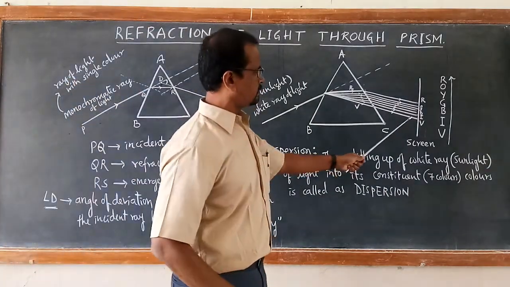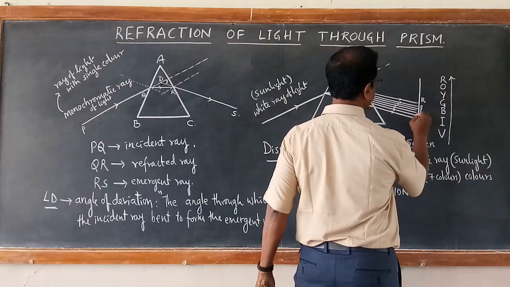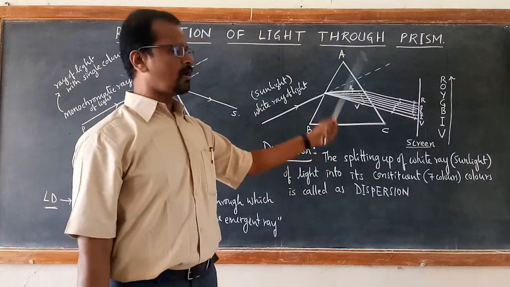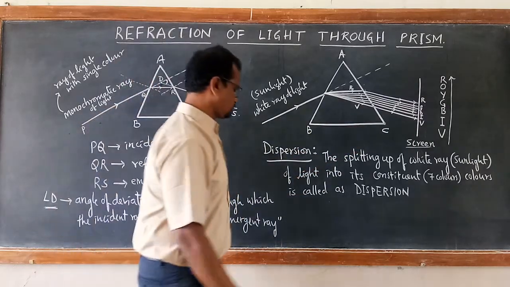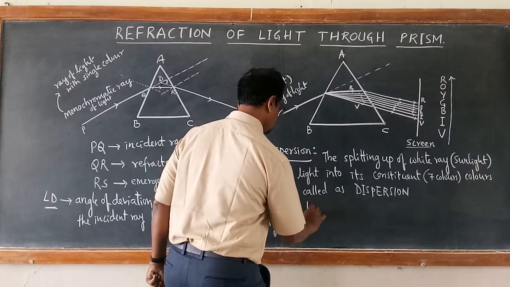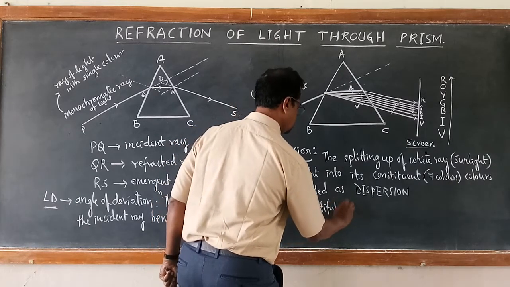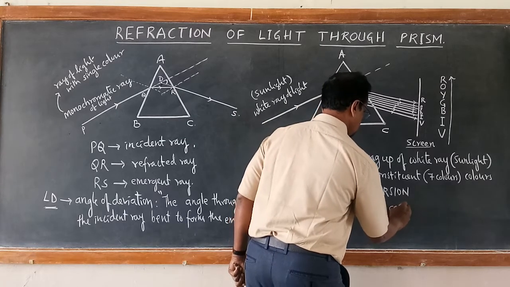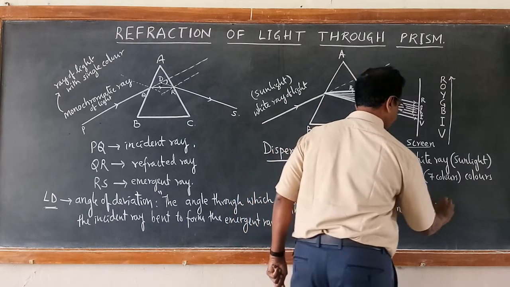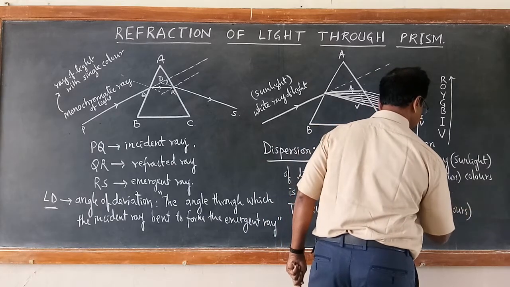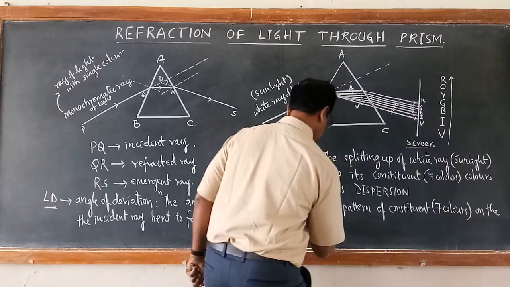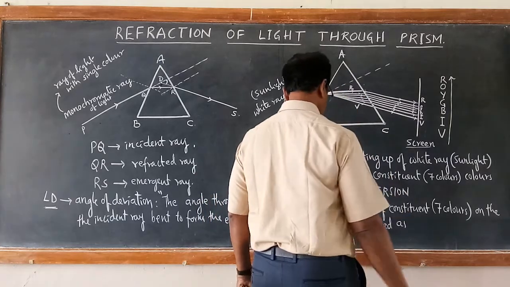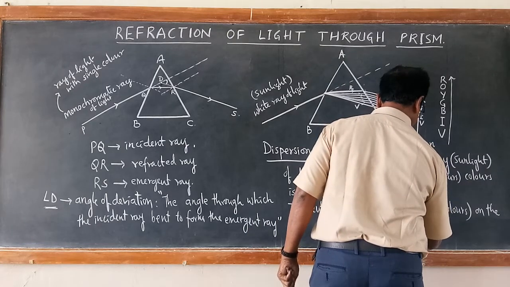And this beautiful pattern which is obtained on the screen, you see this is the screen, the beautiful pattern of these 7 colors obtained on the screen is called as spectrum.